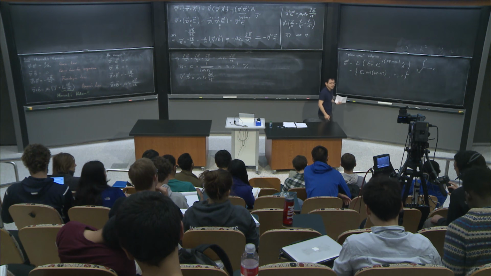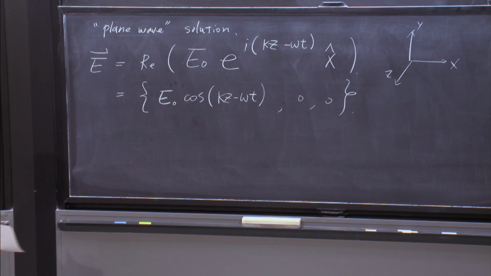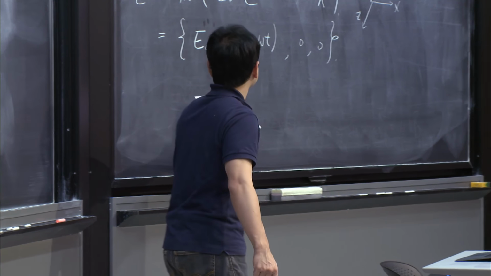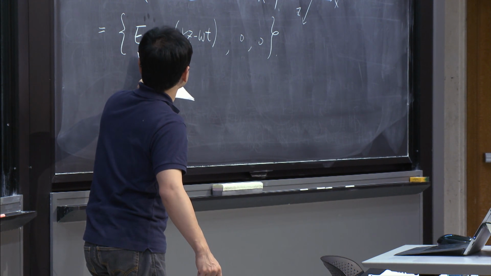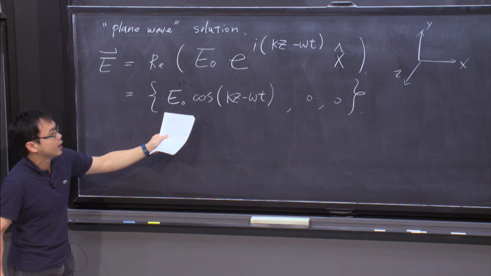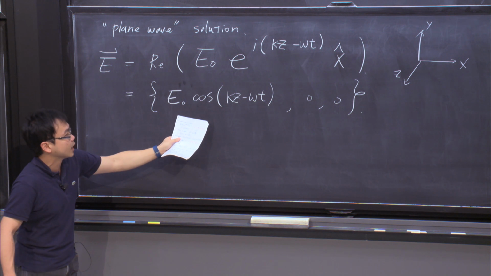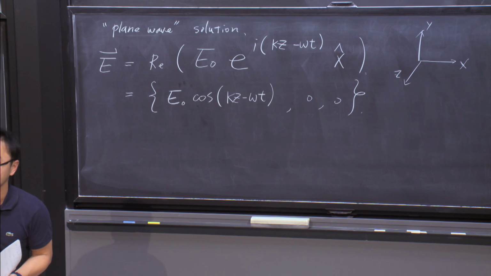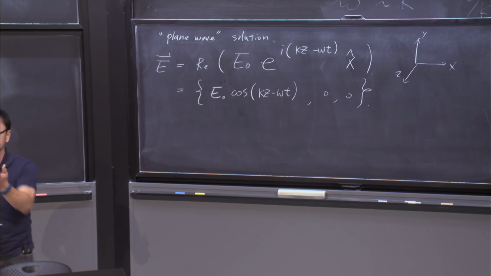So we have discussed progressing waves in the past few lectures, right? Can somebody tell me the direction of propagation of this plane wave? The hint is that the magnitude of the x component is equal to E0 cosine(kz minus omega t). What is the direction of propagation of this electric field? It's in the z direction.